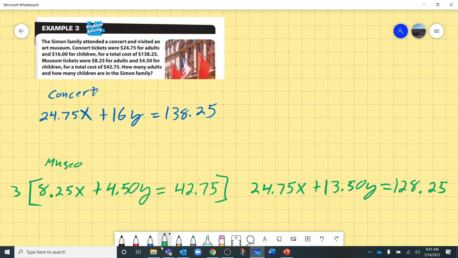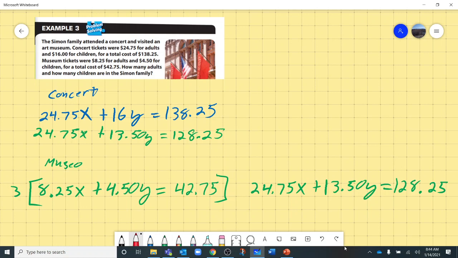Okay, so let's go ahead and I'm going to subtract the green equation from the blue equation. Again, it doesn't really matter. It just changes which ones are negatives and which ones are positives. 24.75x plus 13.50y equals 128.25.